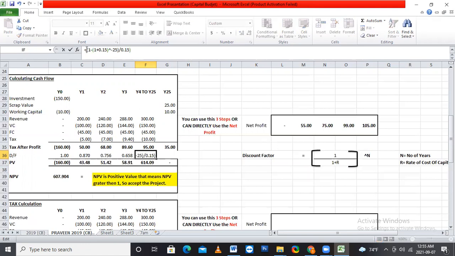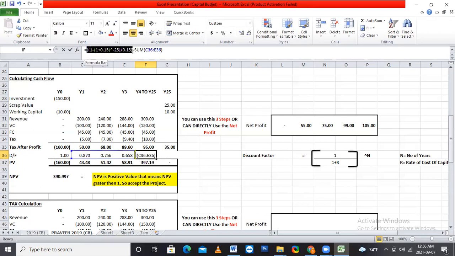So close the bracket, minus the sum of the discounting factor, year number 1 to year number 3.